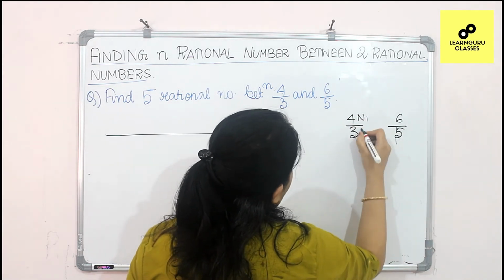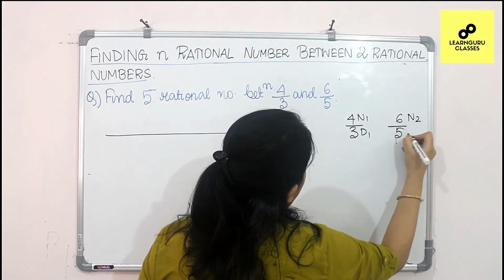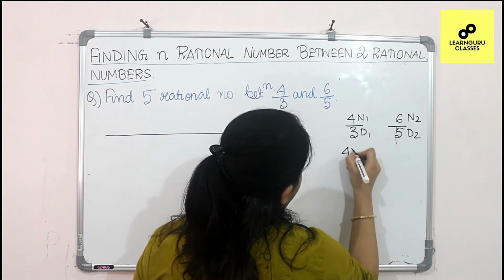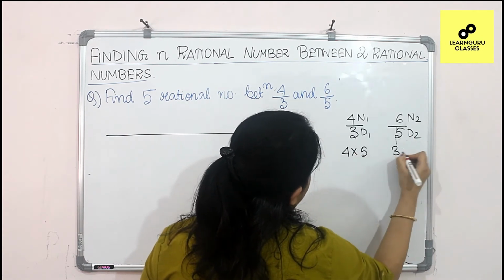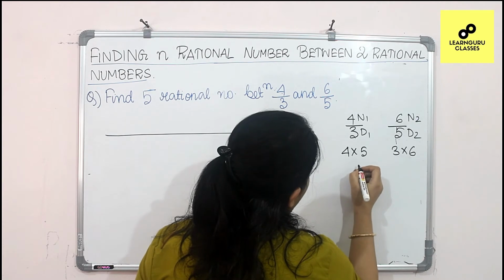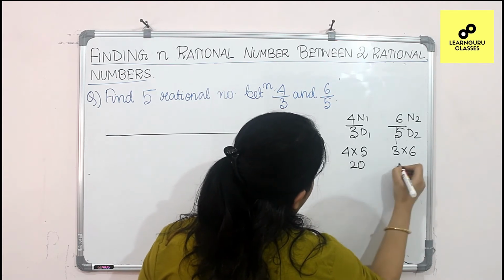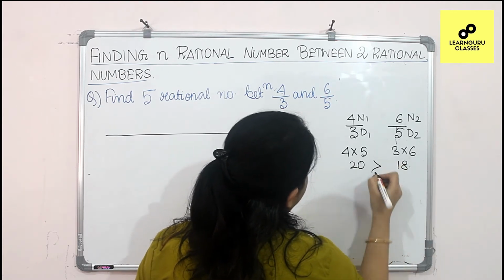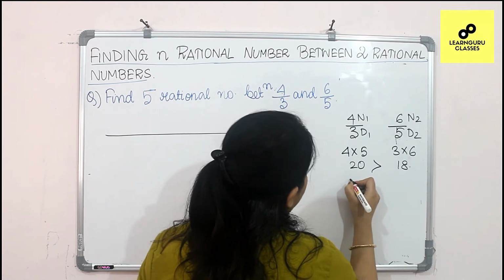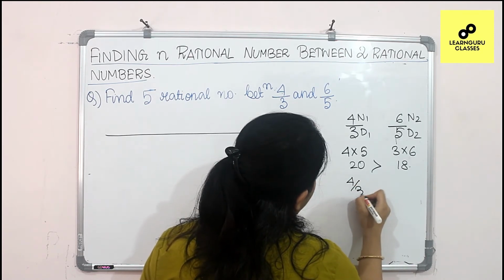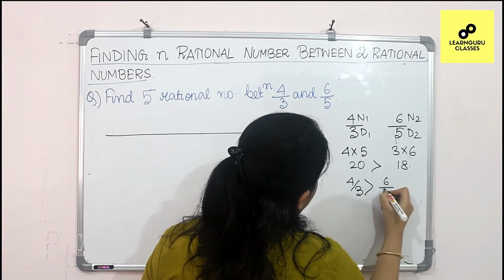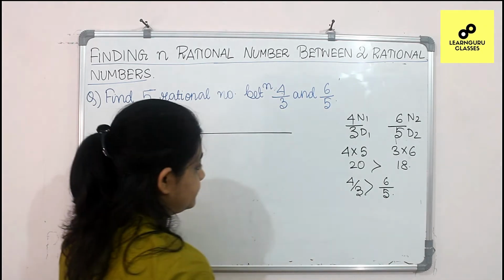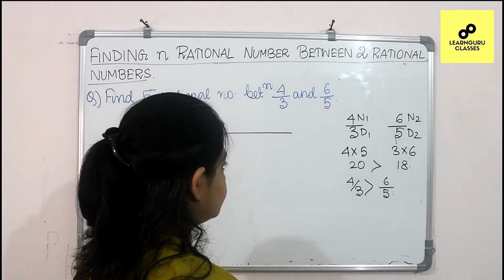So N1, D1, N2, D2. So 4 into 5, 3 into 6. So this is 20 and this is 18. So 20 is greater than 18, so we can say that 4 by 3 is greater than 6 by 5.